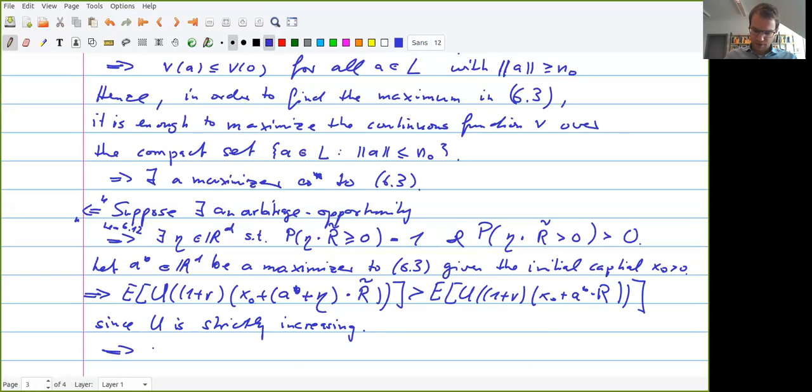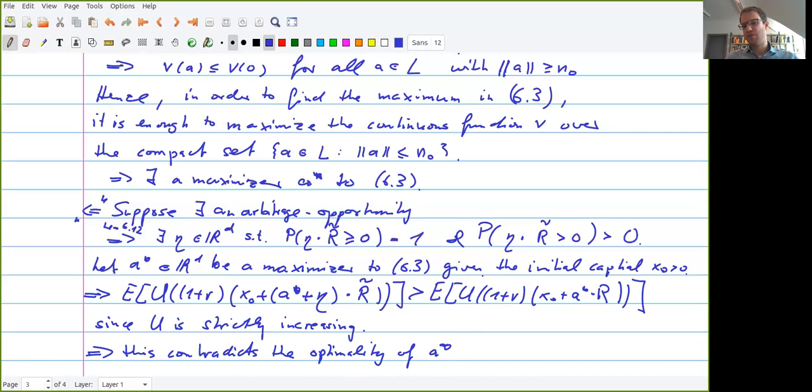And this is an issue because this contradicts, let me write, this contradicts the optimality of A star, right?